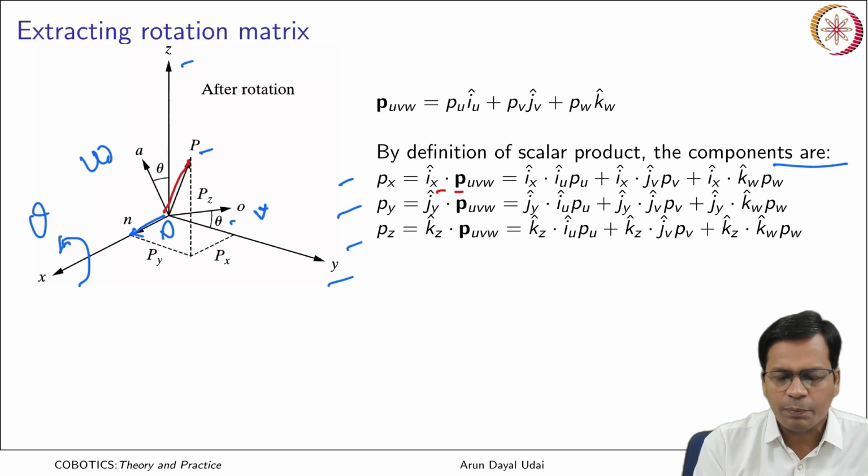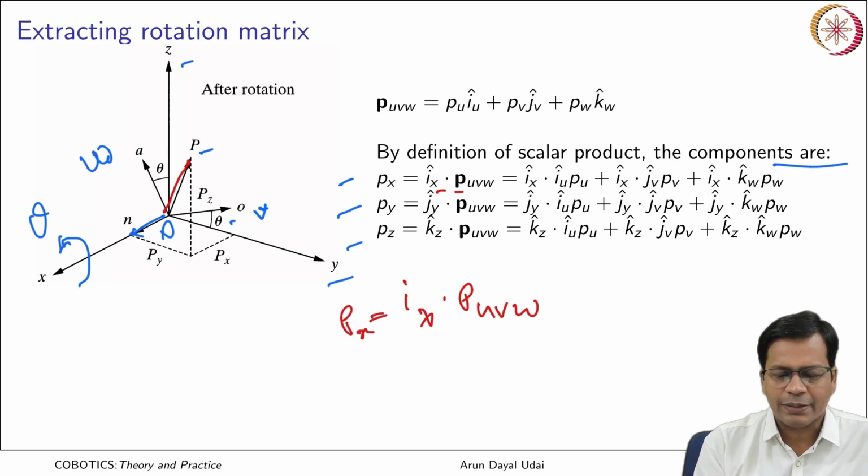That should be given by Ix dot PUVW. I am taking the dot product of Ix with PUVW, and this gives me the projection along the x axis.